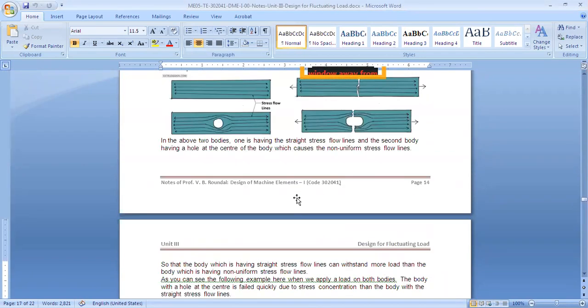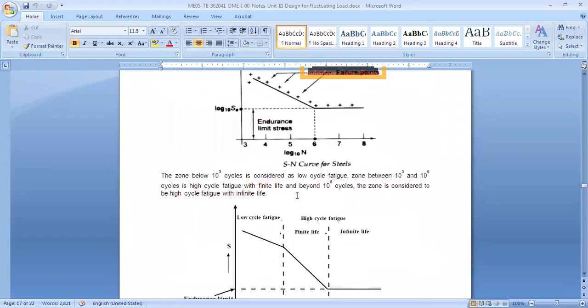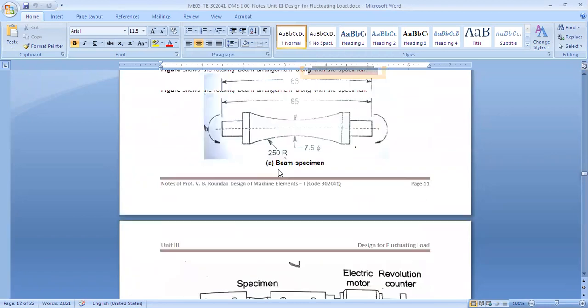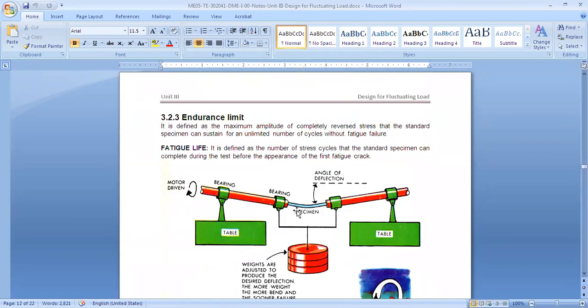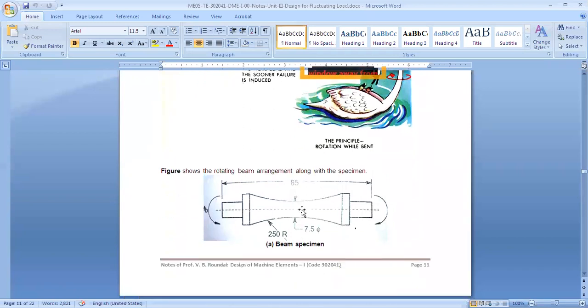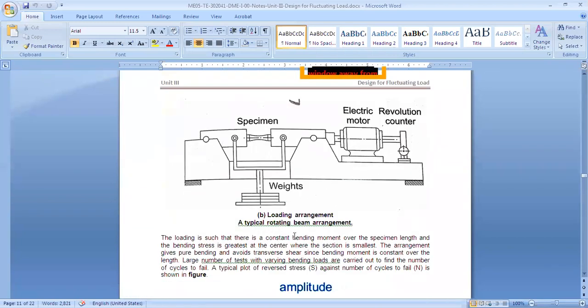It is basically a plot of stress against number of cycles, right? We have seen this while doing the endurance limit test. This is the setup for that, right? So we load our specimen with some load. Because of that load, the specimen will have some kind of stress.